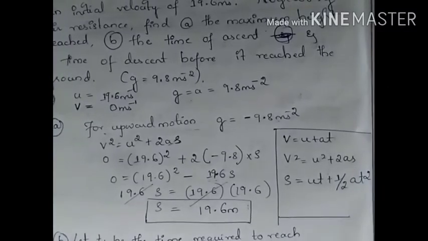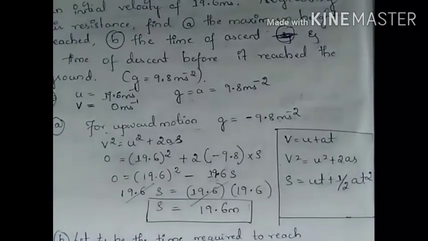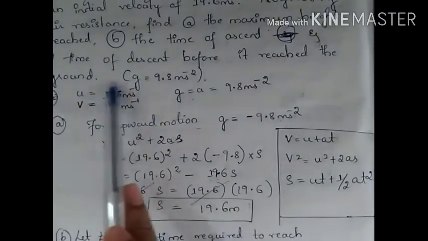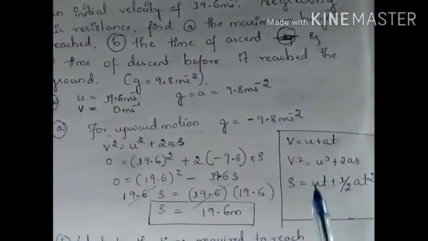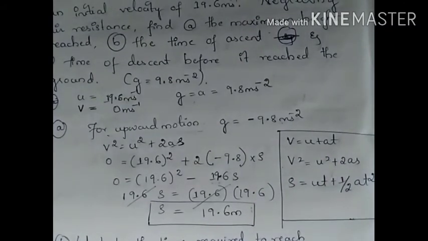So sometimes you get confused between which formula to use. So if you have written your data separately, then it will be easy for you to understand which equation to use.